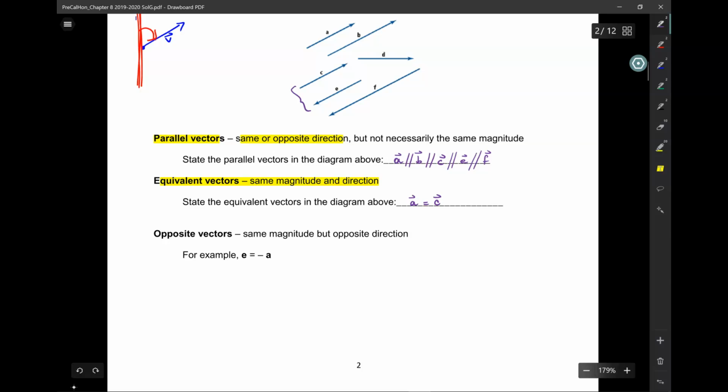So we say E is the negative of A. And here the negative stands for direction. Okay? So in handwritten notation, it'll be E is the negative of A. That tells me that they have the same size, but they're going in opposite directions.